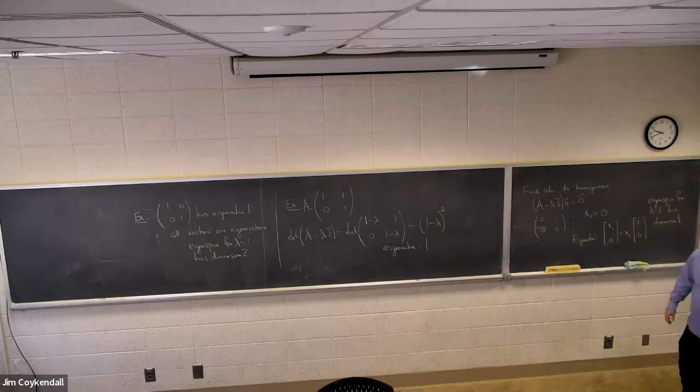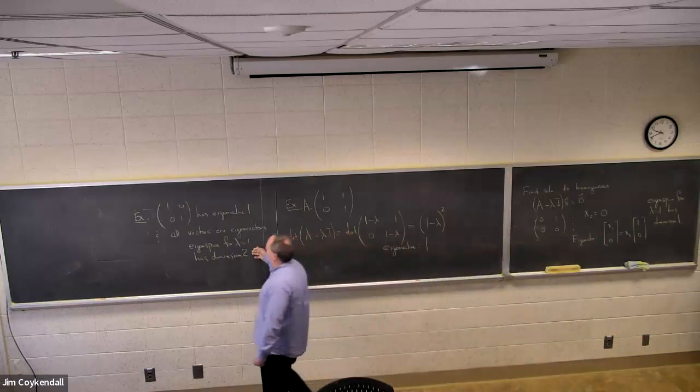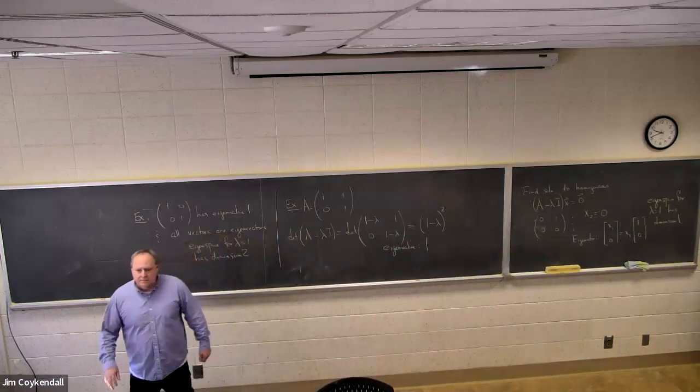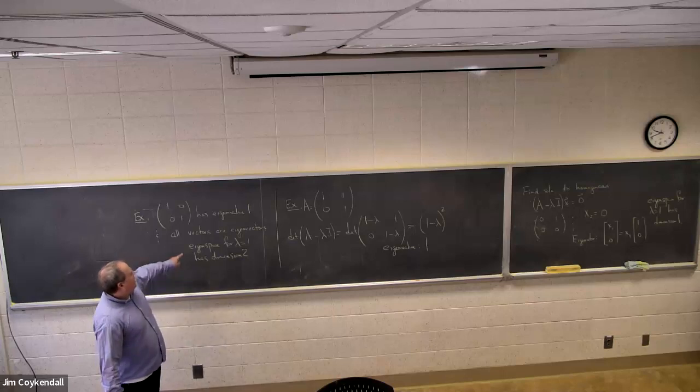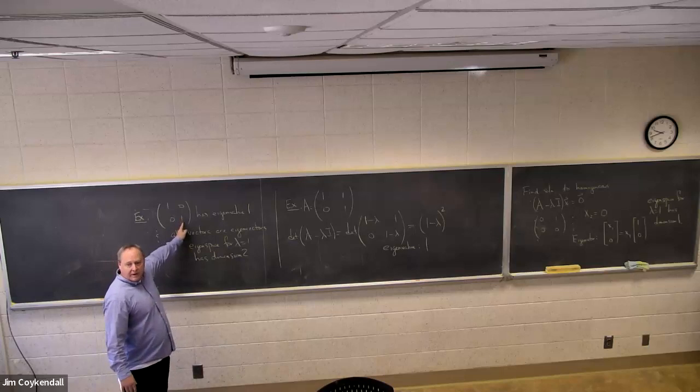And what if there's more than one null vector? There certainly can be, like in this case right here. Then both of them are eigenvectors for that value. That's right. So the eigenspace for an eigenvalue is all the eigenvectors that work with it, right? And here it's two-dimensional. It's (1, 0), (0, 1), everything works.